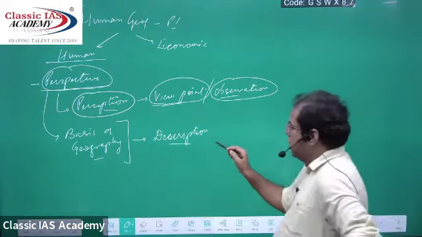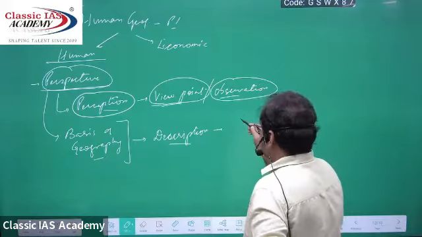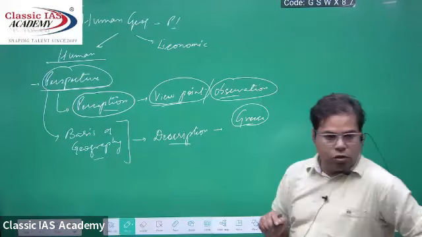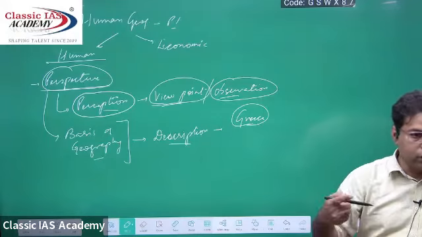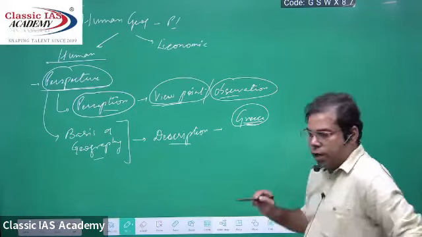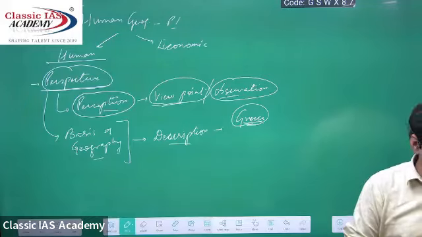The first evolution of geography started from Greece. Greece is a country in Europe, west of Turkey. You must have heard about the Greek philosophers.